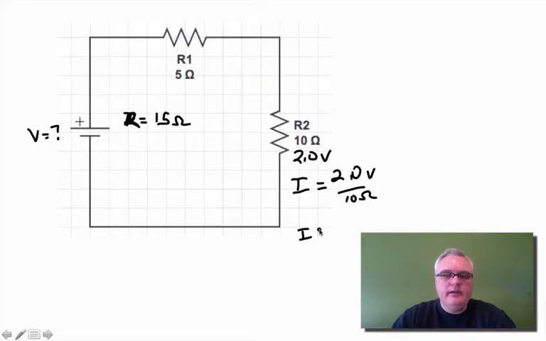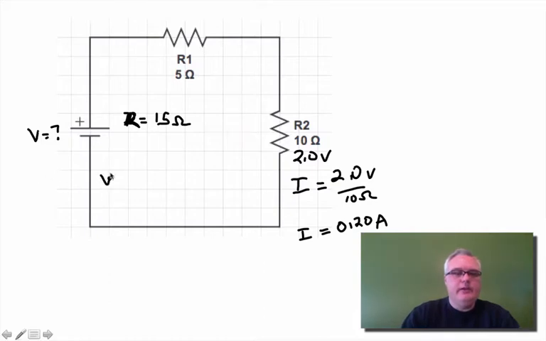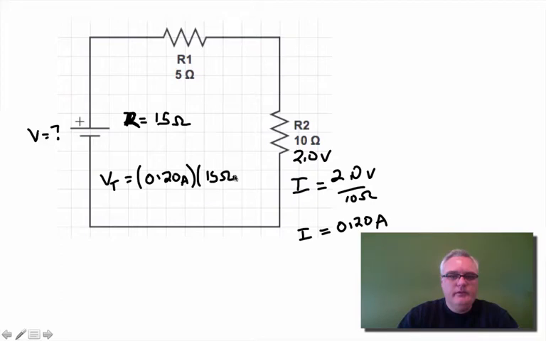So the current is 0.20 amps. So now I can find the voltage of the battery because I know it's going to be the current times the resistance. So I get a total voltage of 3 volts.